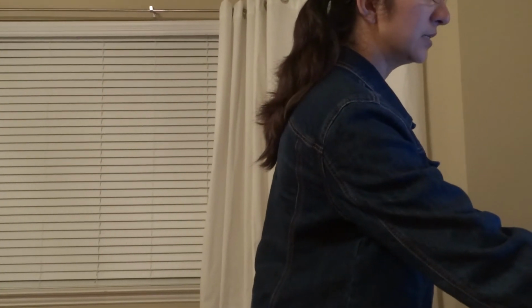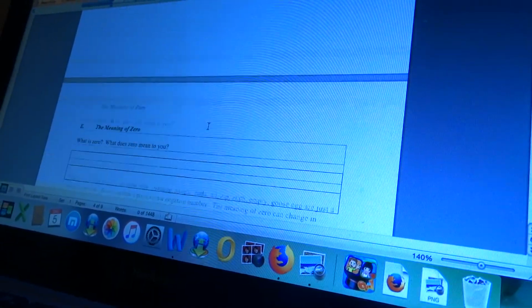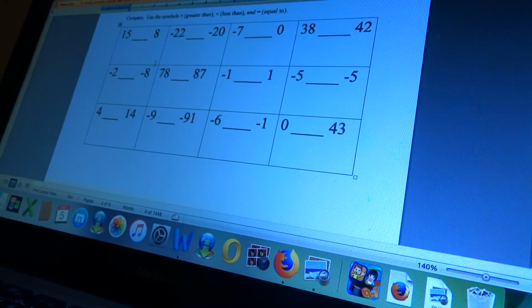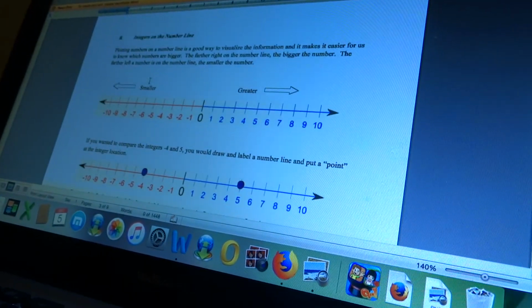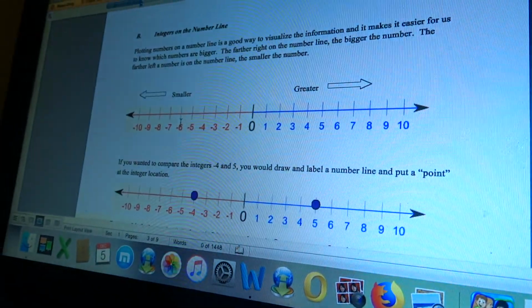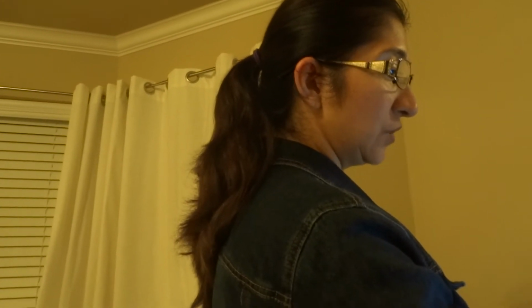Let's take this example. If I ask you -5 and -8, out of this -5 and -8, which one is greater?